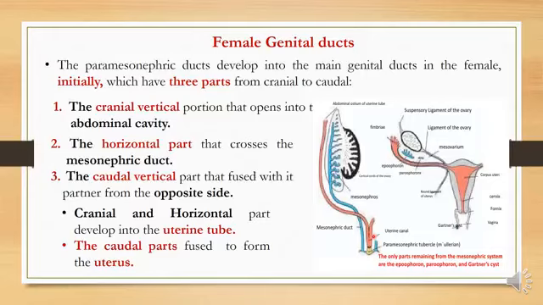The caudal vertical part fuses with its partner from the opposite side. The cranial and horizontal parts develop into the uterine tubes. The caudal part fuses to form the uterus.